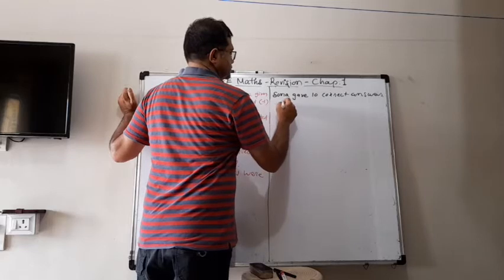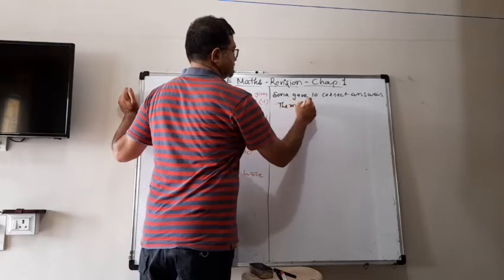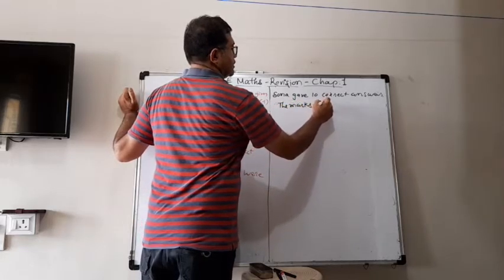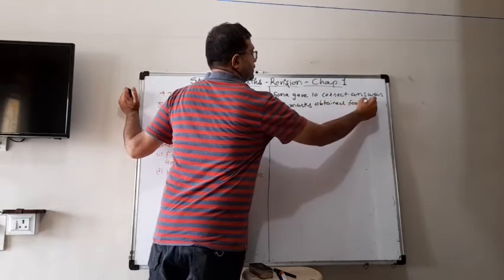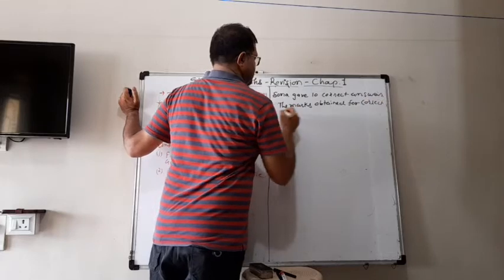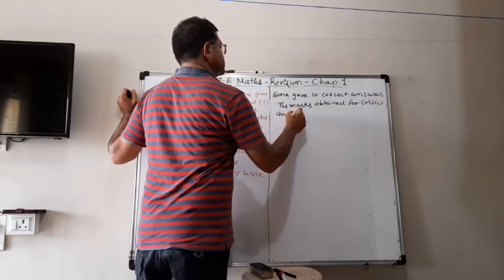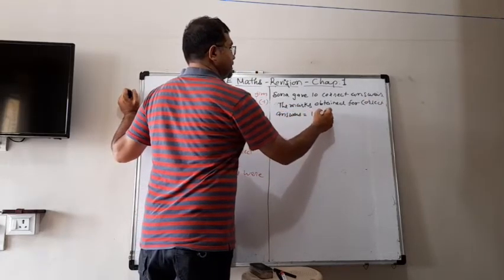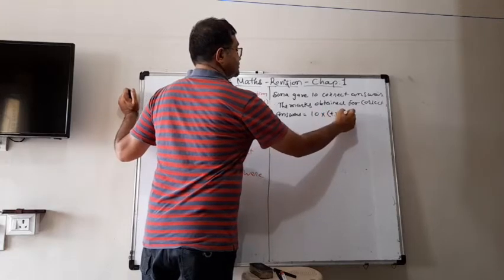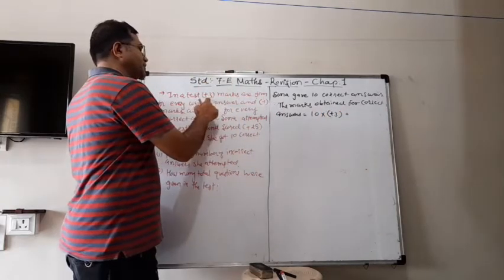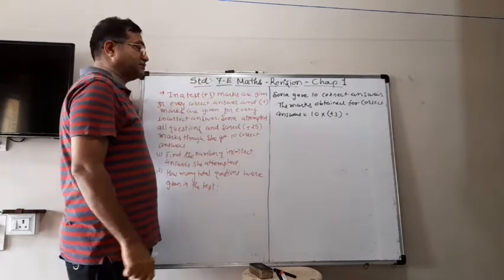So the marks obtained for correct answers will be 10 multiplied by plus 3, because for one correct answer 3 marks are given.